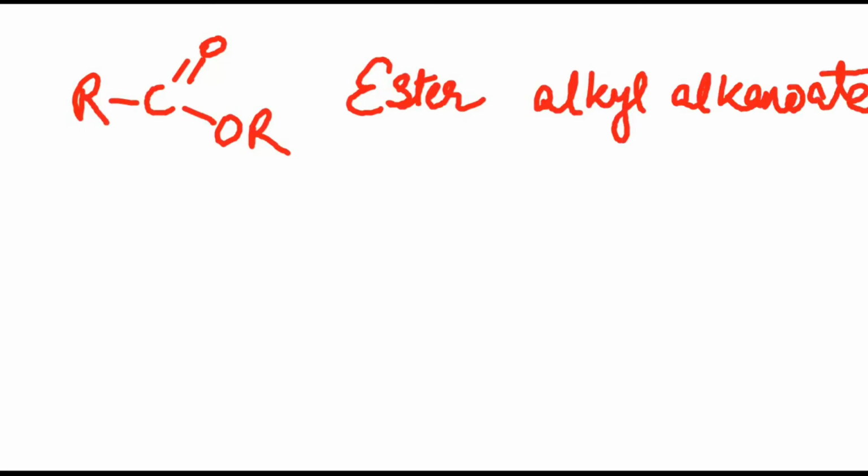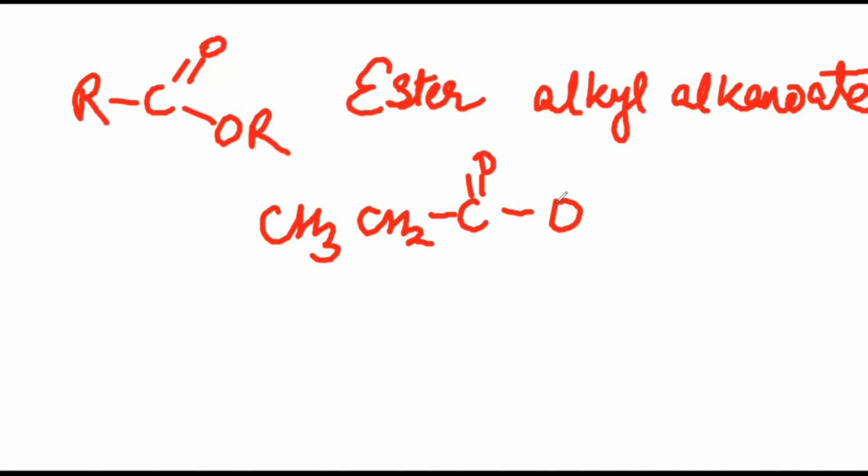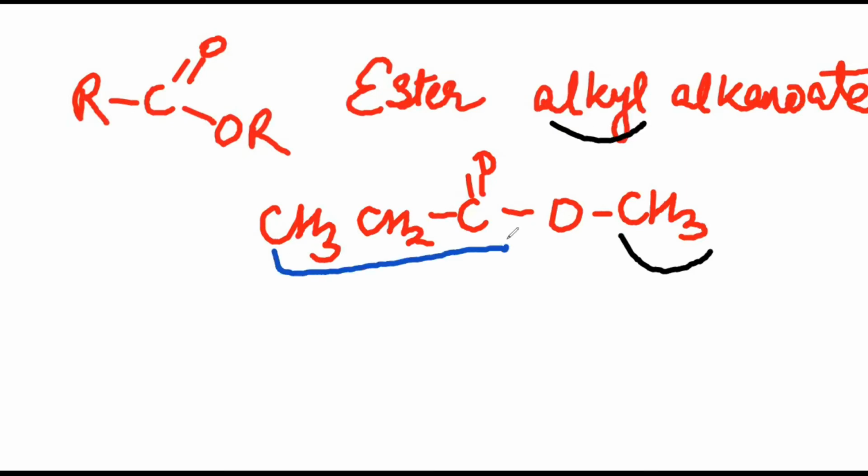Okay. So, supposingly I am saying CH3, CH2, CO, O, CH3, right? So what I will say, this one will be my alkyl and this one, the one with whom the CO carbonyl group is attached, that will be known as alkanoate.